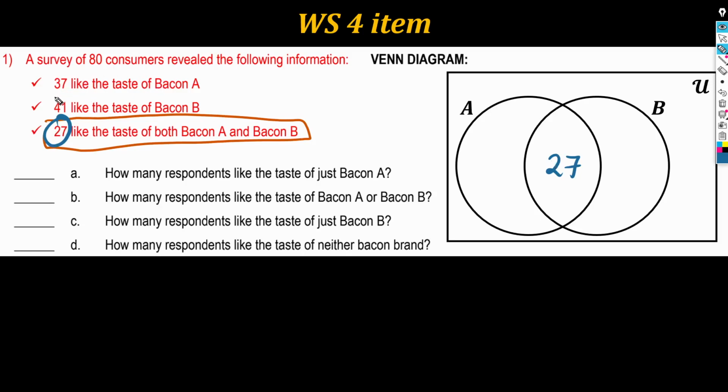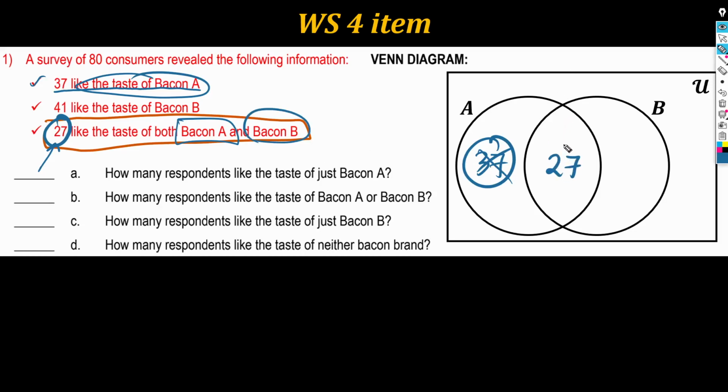Now, let's proceed to the first statement here. 37 like the taste of bacon A. Now, yung iba nilalagay dito, 37. Naku po, mali. Sir, bakit mali? Because among those 37, remember, they like bacon A. However, 27 of them, besides liking bacon A, also like bacon B. And when we wrote the 27 at the intersection here, we have already accounted for the 27 out of the 37.